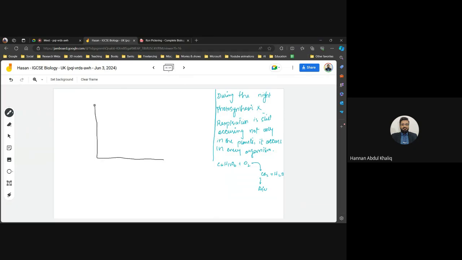Suppose that this is a graph, and over here you are putting the amount of carbon dioxide: 0.03, and 0.34%. Okay, I did not make it proper. Hold on.